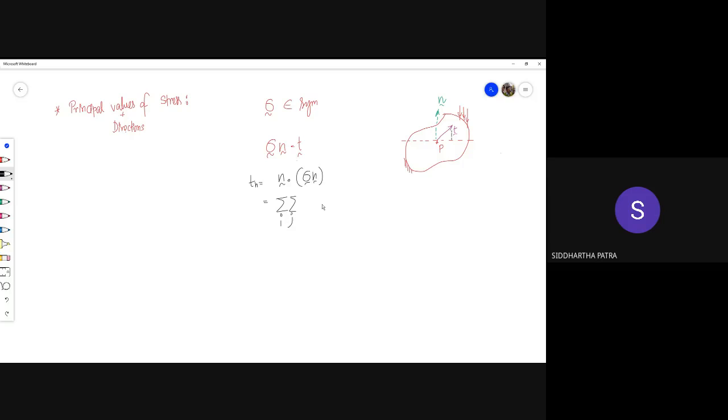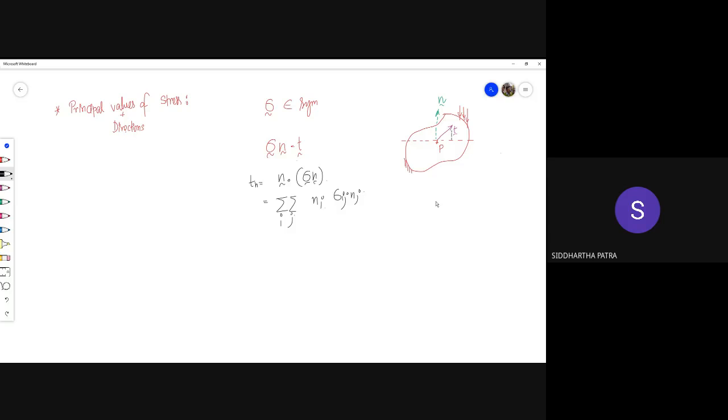So for that I need summation over j, n_i sigma_ij n_j. You see, summation over j sigma_ij n_j is basically sigma times n_i. So it's a dot product, right?